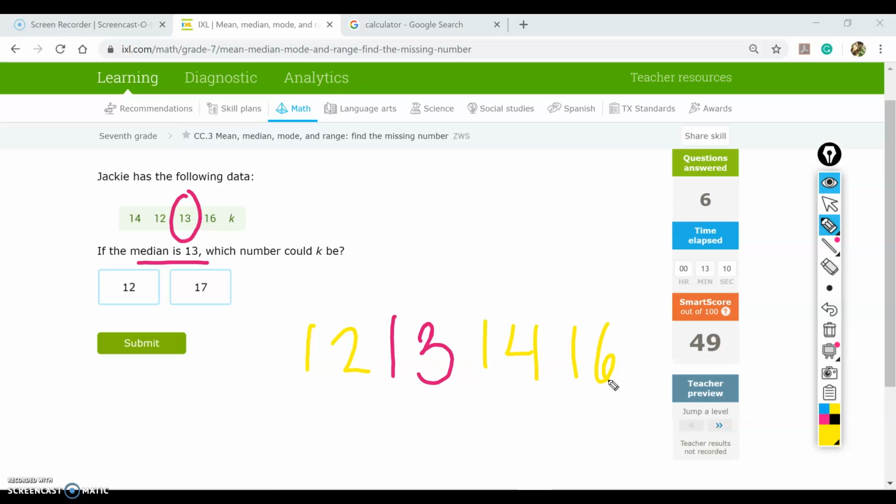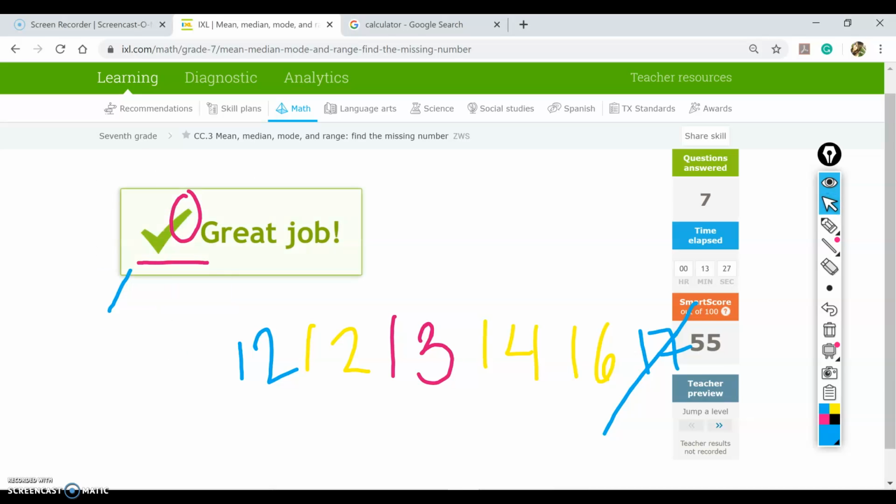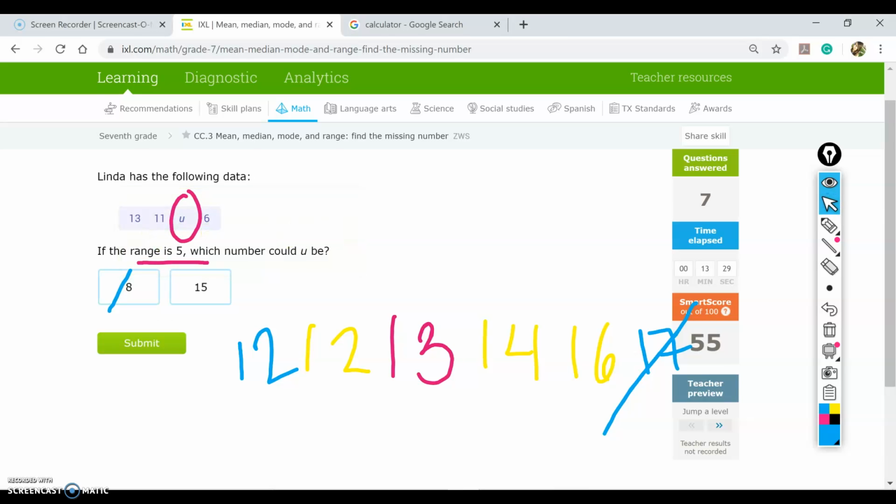And the only number that is going to make that true from the 2 numbers that are given is if I have another 12. Because if I put 17, 17 would be on this side, and that's not going to make 13 the median. So it should be 12. Now let's check if that's true. It is.